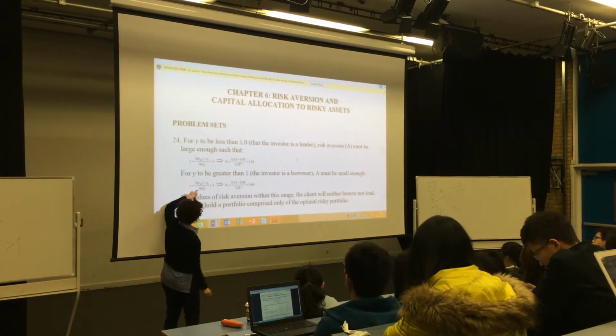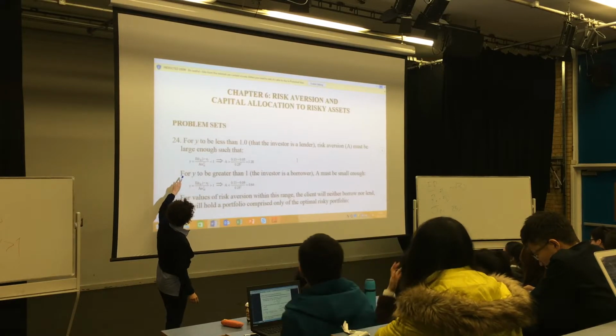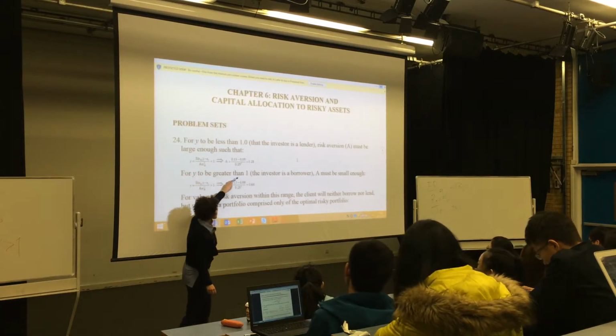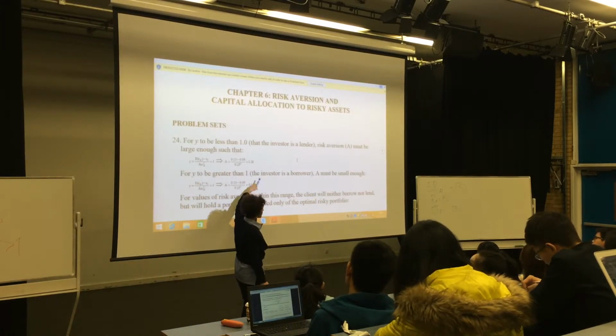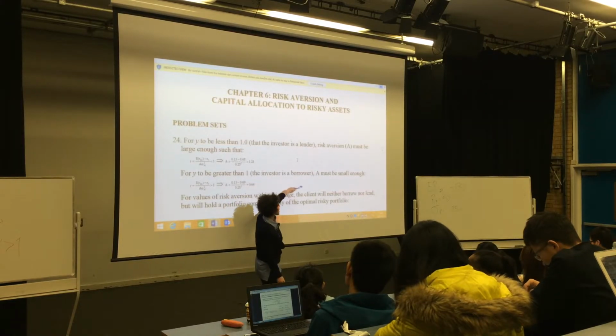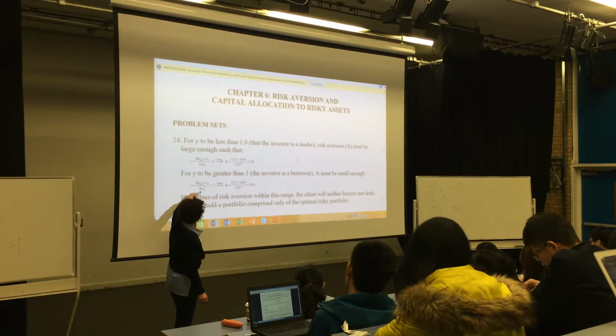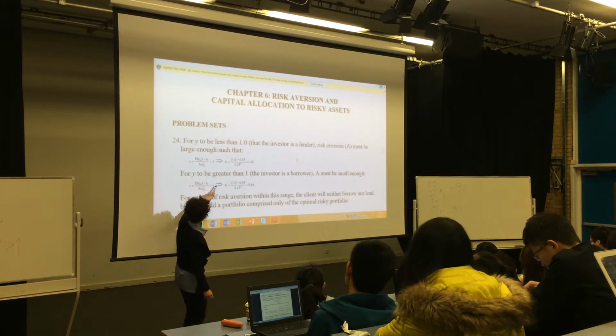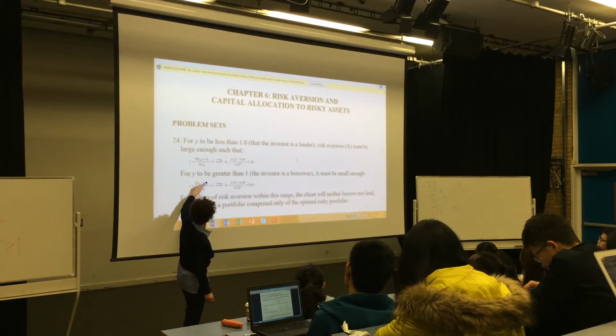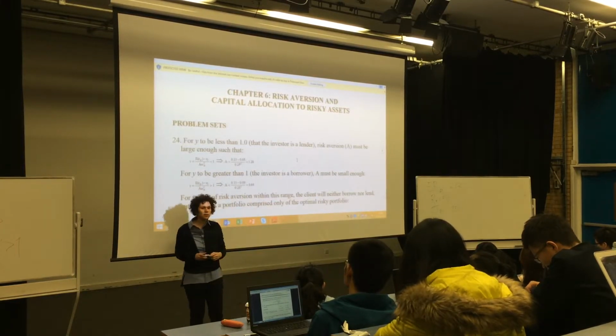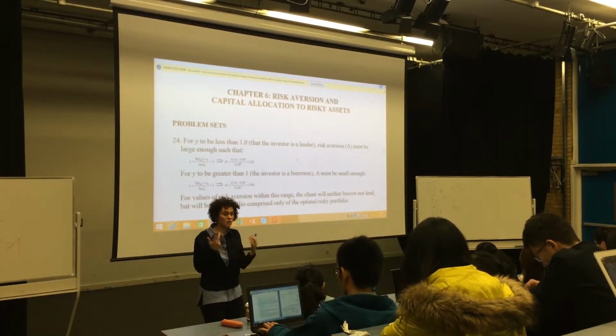In this case, if epsilon is higher than 1, if you check back the slides, the investor is a borrower, so A must be small enough. So again, I sort out my equation, bring these terms here, so A must be below 0.64. And this is also logical.